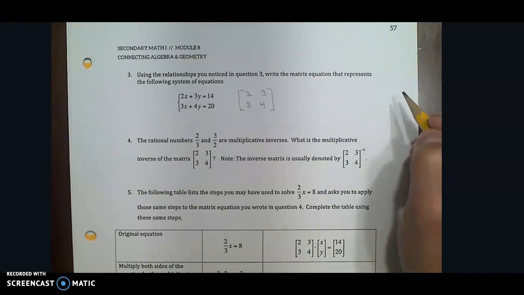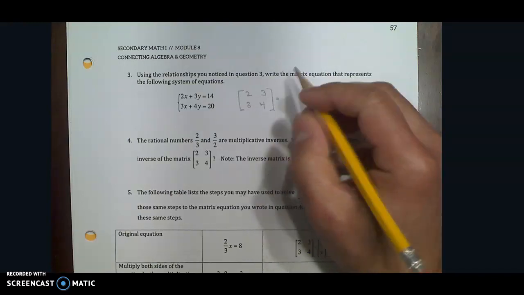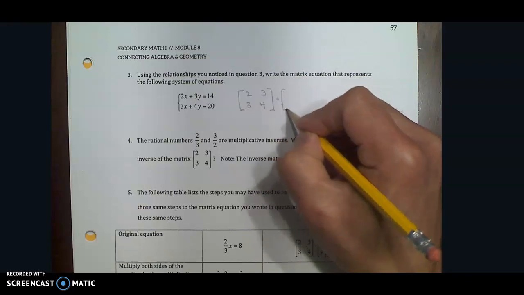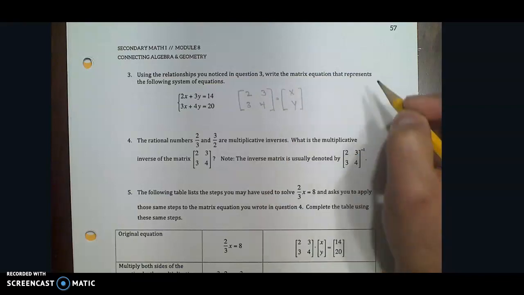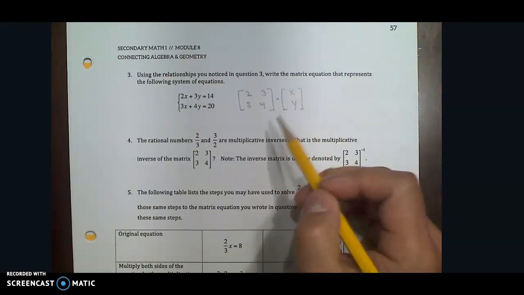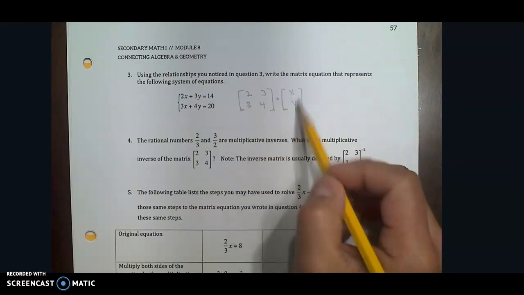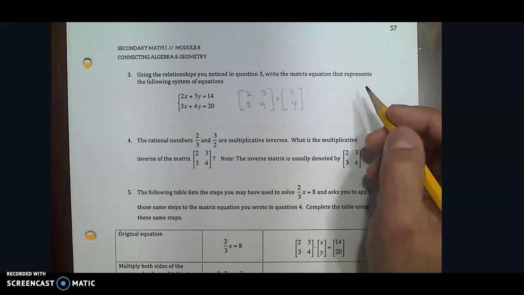coefficient part. Right. So now we're going to do the variable part. So we're going to multiply. So we only have 2 variables, so we're going to have an x and a y. And we're going to write it as a column. Right? Because remember, we want to do row times column. Right? When we do a matrix multiplication. Right?